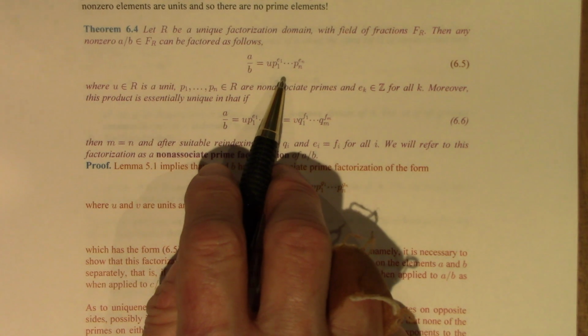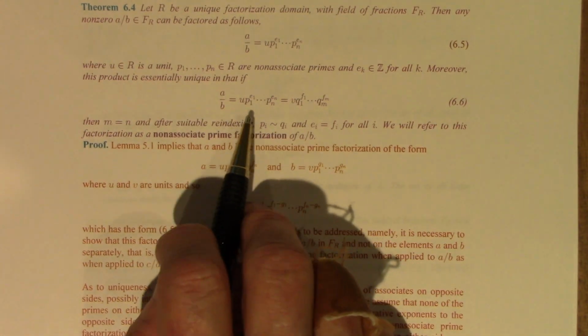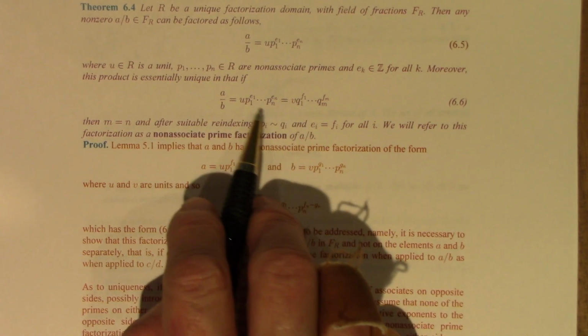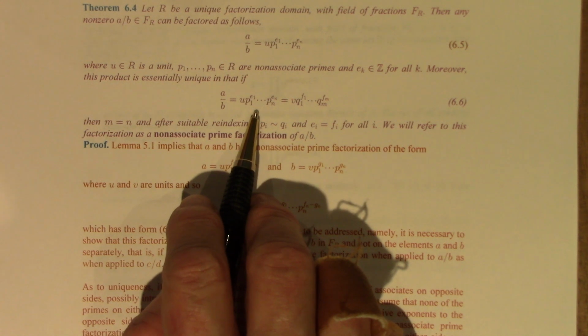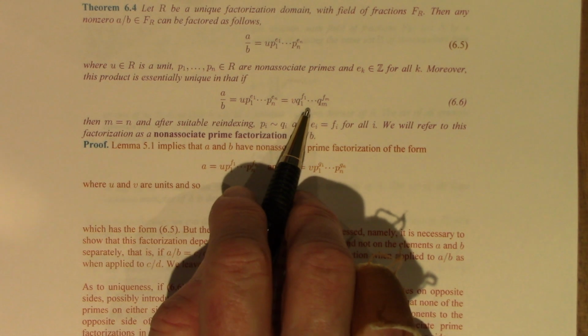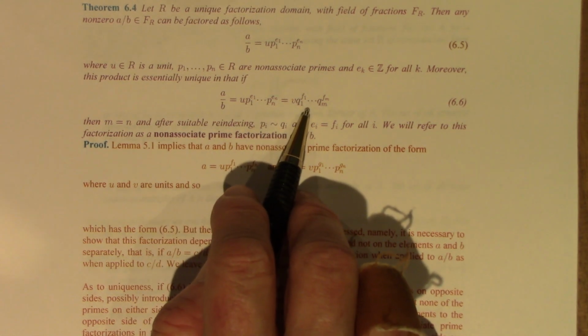This product is essentially unique, in that if A over B can be written in two ways as such a product, then M and N are equal, and after suitable reindexing, P_i is an associate of Q_i.